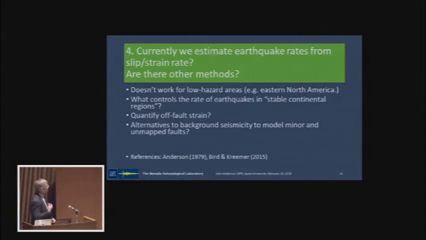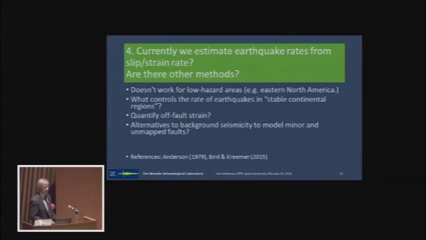We don't really know what controls the rate of earthquakes. And so this method that we use of constraining the rates of earthquakes based on the strain rate or slip rates just doesn't work. So we need to have a better way of doing that.